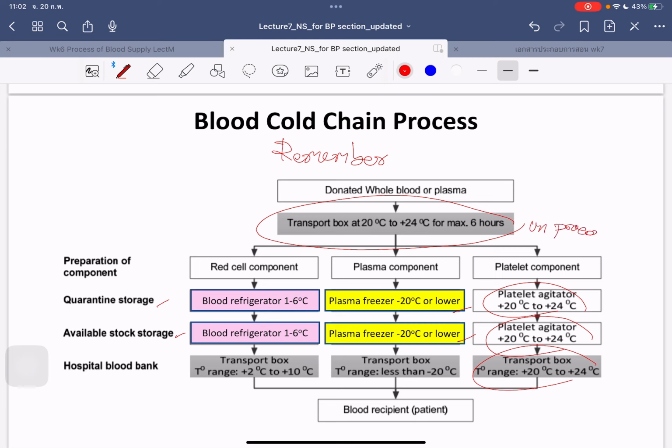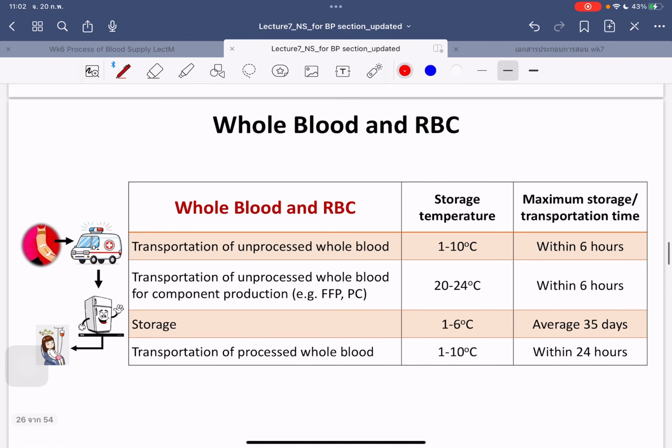For the unprocessed whole blood, it depends on the protocol of the hospital. As I told you, it should be stored at 20 to 24 degrees Celsius if you want to separate platelets. But if you don't want to, you can store it at 1 to 10 degrees Celsius. Both should be transported in less than 6 hours.